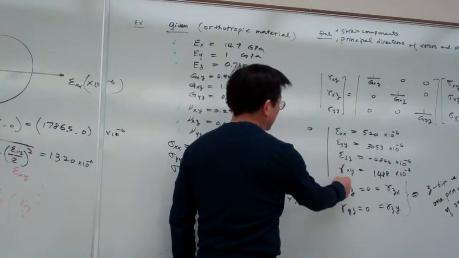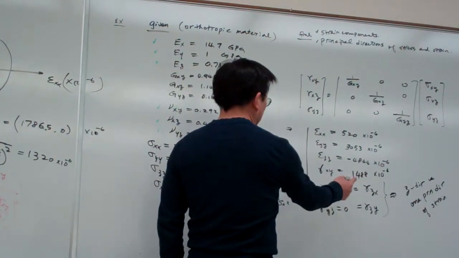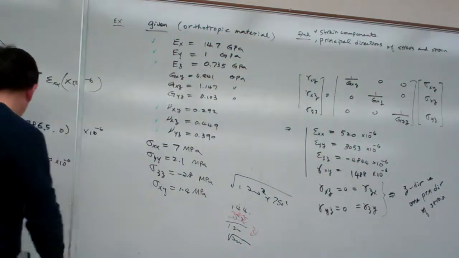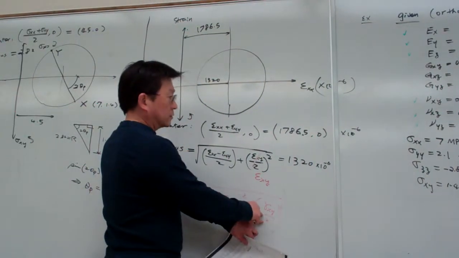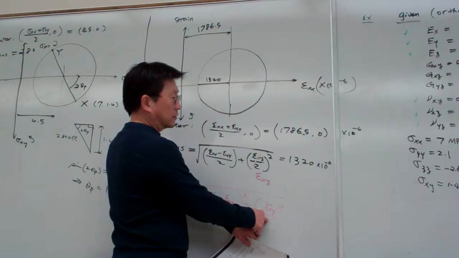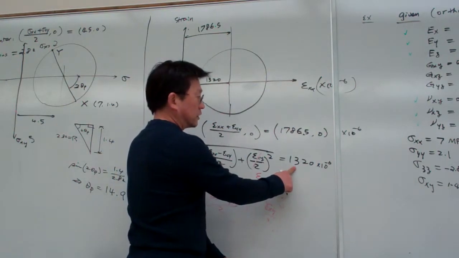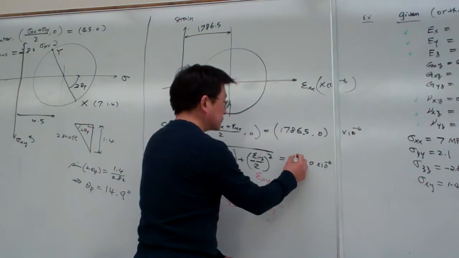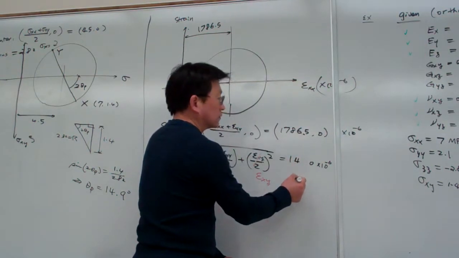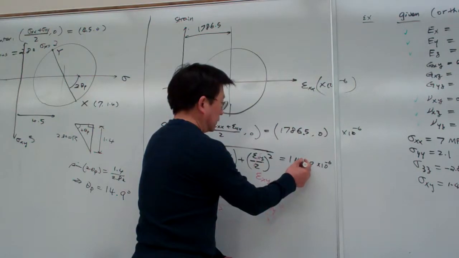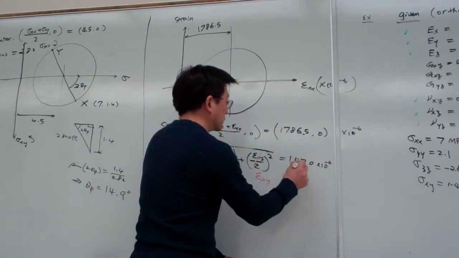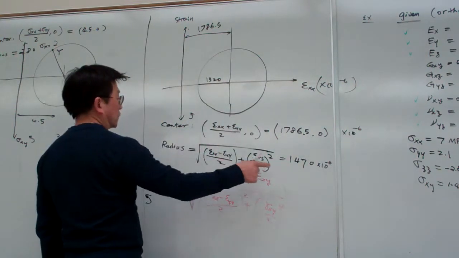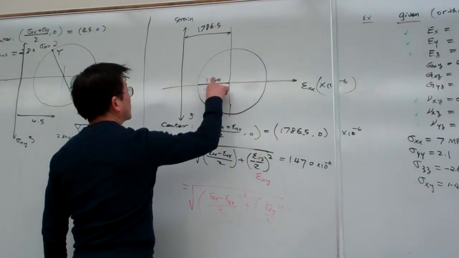Oh, yeah. So this term should be 700, right? Sorry. When I did it before, I divided gamma by 4 because it was a half. So now dividing gamma by just 2 comes out to 1469, almost 1460. So this radius is 1460.